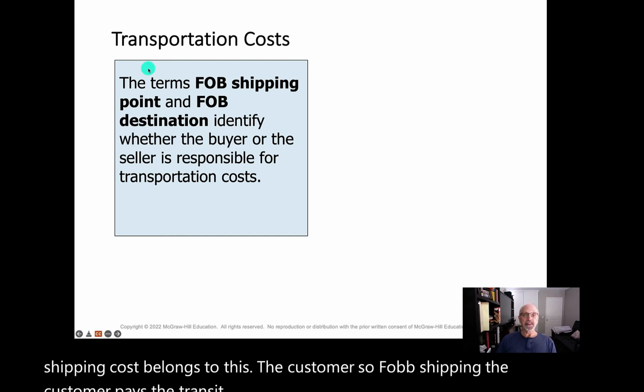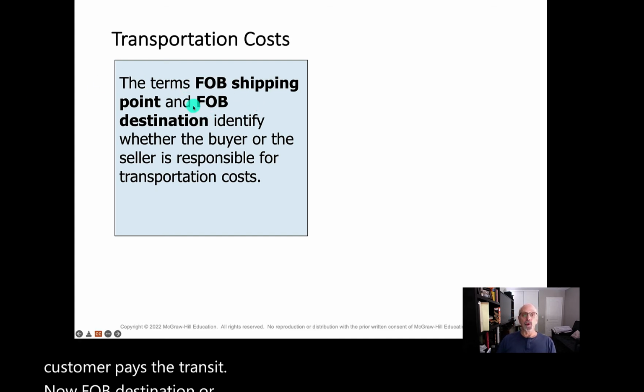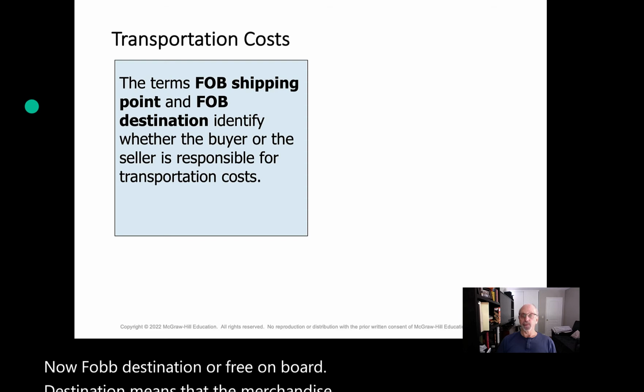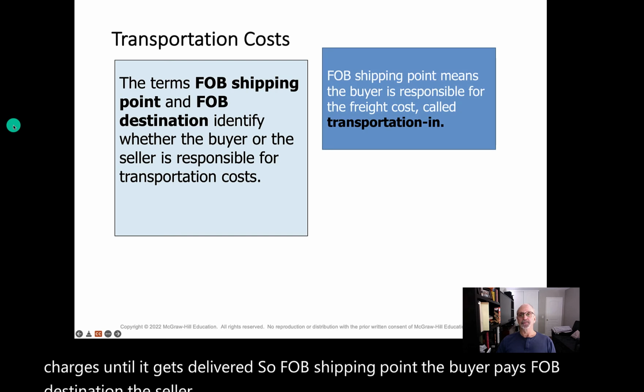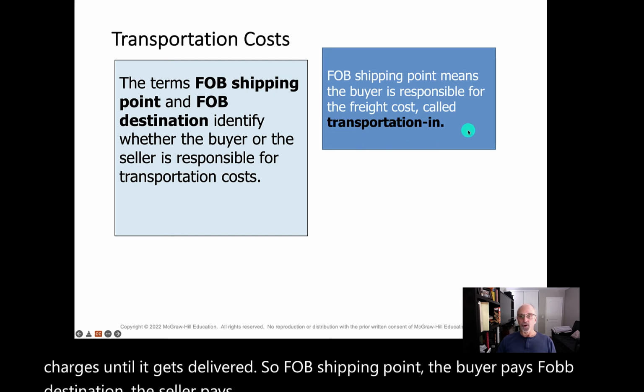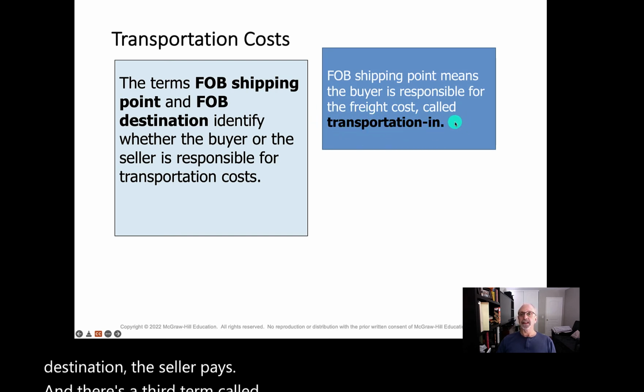Now, FOB destination, or free on board destination, means that the merchandise is free of shipping charges until it gets delivered. So FOB shipping point, the buyer pays. FOB destination, the seller pays. And there's a third term called transportation out.